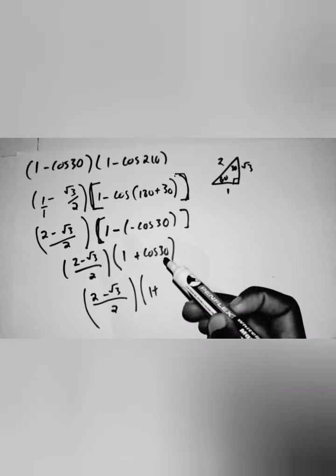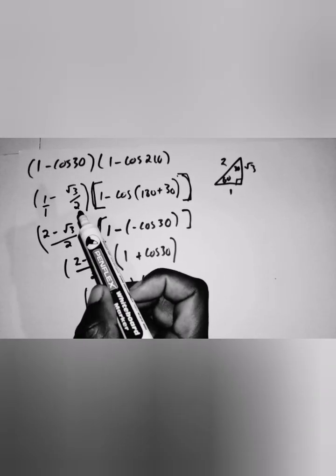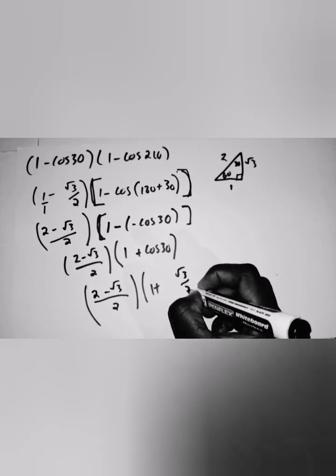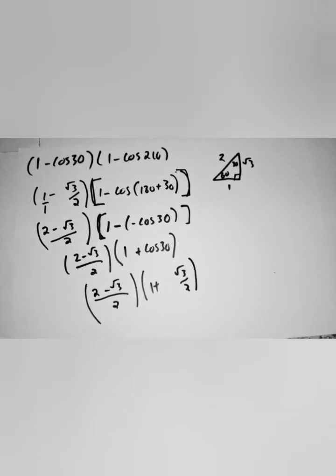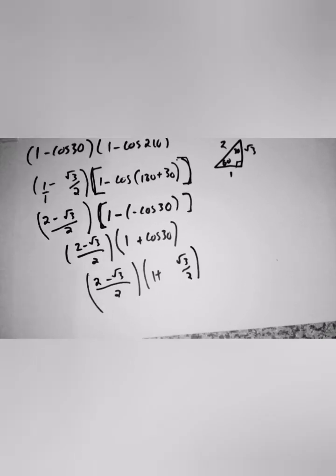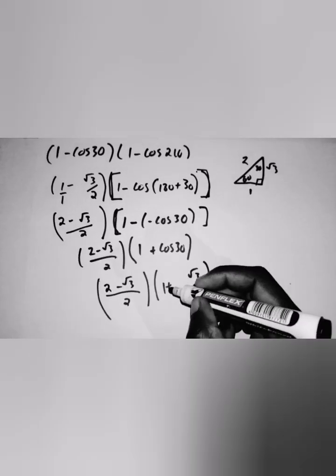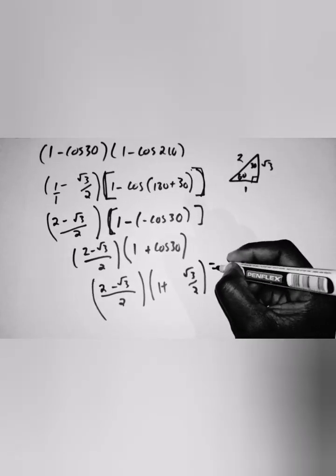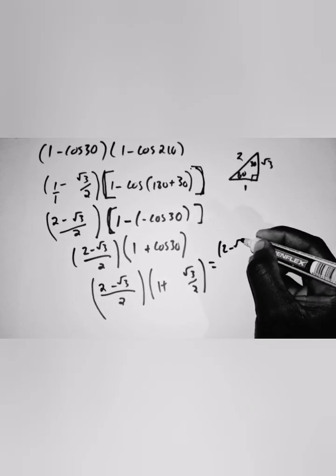What is cos 30 from a special angle? Still the same thing that we got here. It will be positive what? Root 3 over 2. And if you get that, all right, I don't think I'll finish this one. I will leave it for you guys to do the math on the last step of getting the answer.